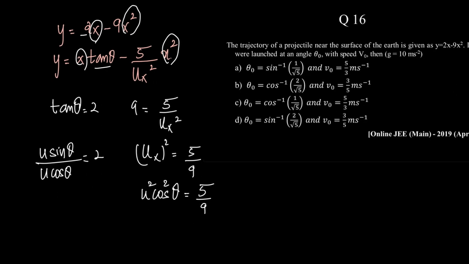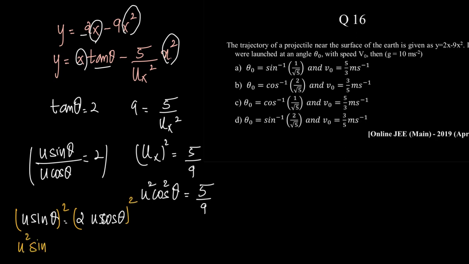In which case, from this equation, I'll write u sin θ = 2 into u cos θ. Now squaring on both sides, what I get is u² sin² θ = 4 u² cos² θ.